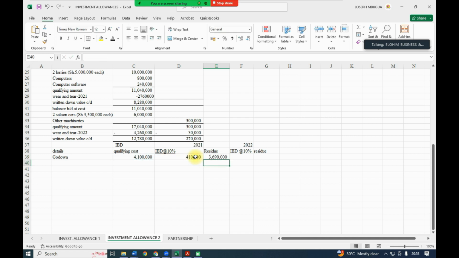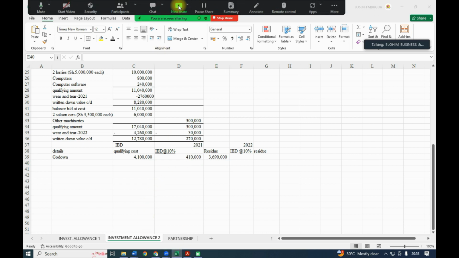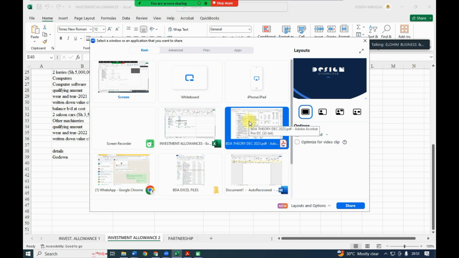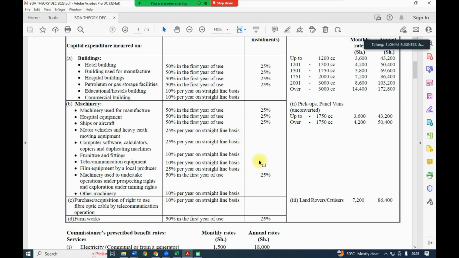So for 2022, when you look at the go down, you just reshare this document. When you look at items like furniture, items like what for IBD here, they have not shown it directly. Like commercial building, 10% per year on straight line again.